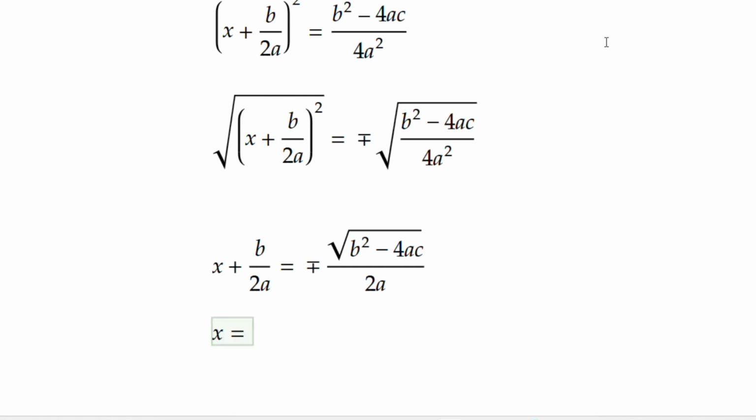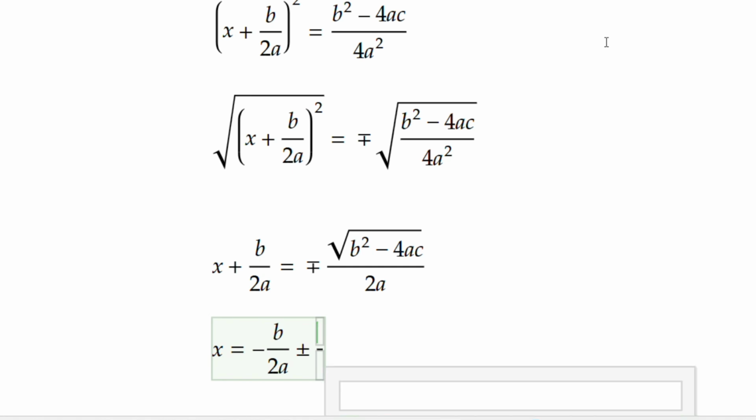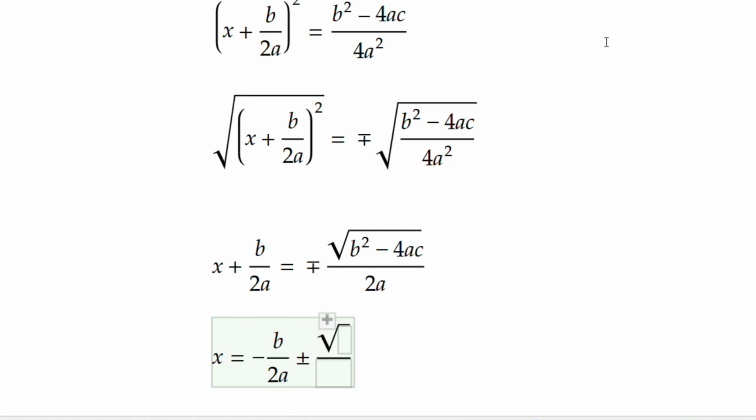So x is equal to negative b over 2a plus or minus the square root of b to the power 2 minus 4ac over 2a.